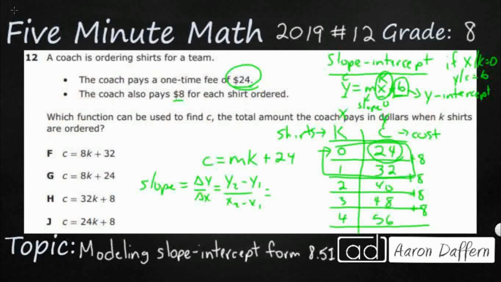The y value is going to be 24 minus 32, and then 0 minus 1. You have to match them up: 24 over 0, 32 over 1. That is going to be negative 8 over negative 1, and that's just going to be 8. So that's my m. My answer here is going to be G, 8K plus 24.